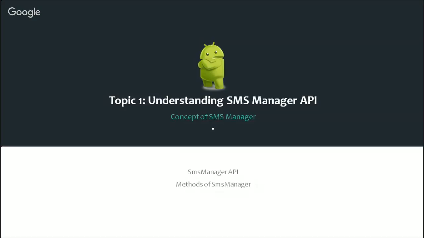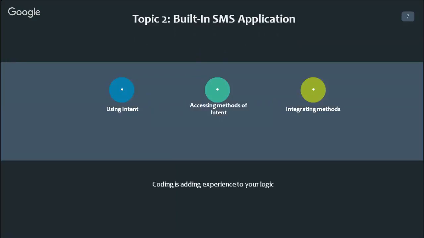Again, let's move ahead and see what we can do in building our SMS application. Using intents will be our next aim once we get going with the Android manifest XML file and playing with the SMS Manager API and methods. We'll be moving towards using intents, accessing and integrating all those intents in order to actually start our Android SMS application.